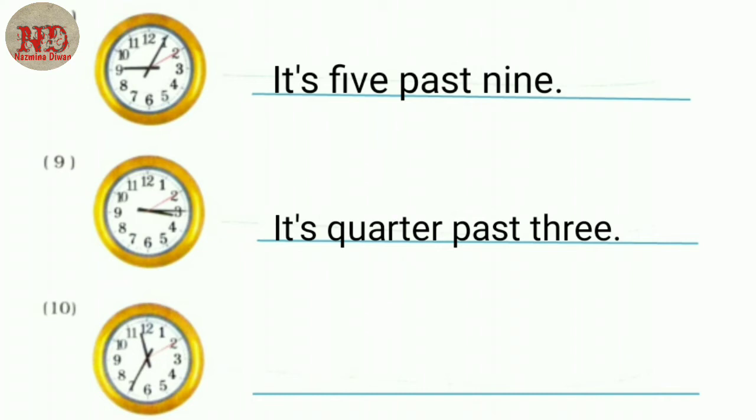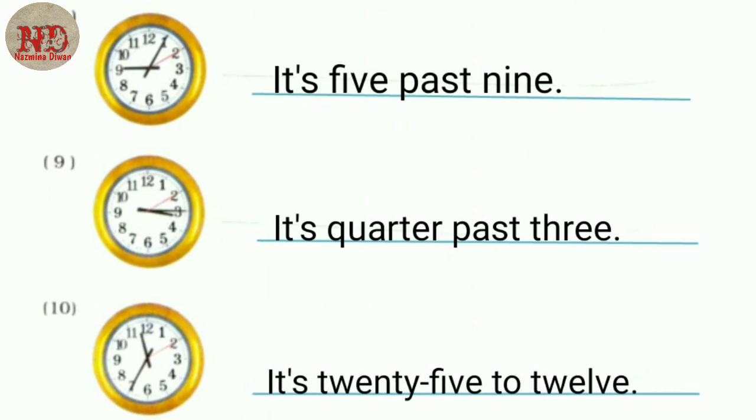So what time is it? So students, you have to write here it's 25 to 12. Okay students, otherwise you can say that 11:35. You can also say that 35 minutes past 11.